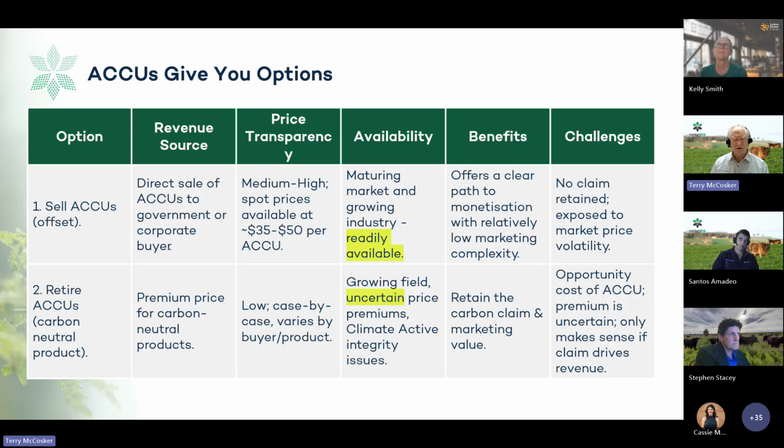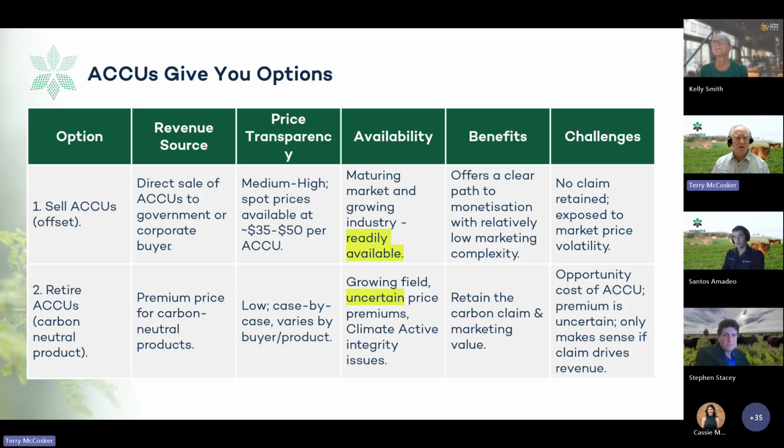There's a possibility, and I think in the short term there will be premiums for very low volumes of product, but in the long run there's not going to be premiums whether you're carbon neutral or not, or carbon negative. What there will be potentially is discounts for high emissions or high emissions intensity.